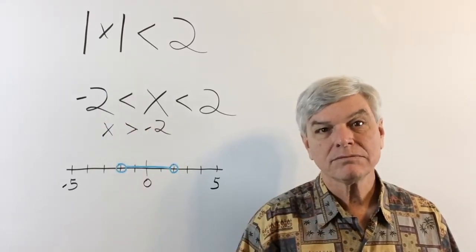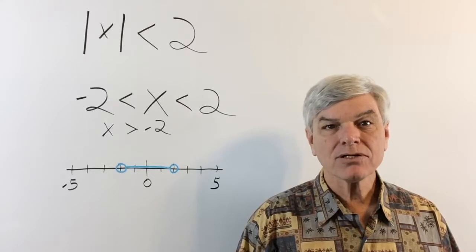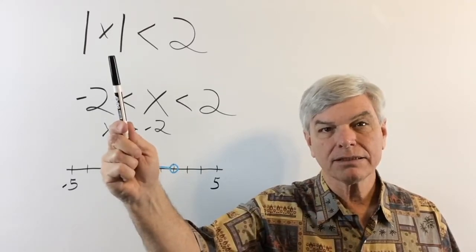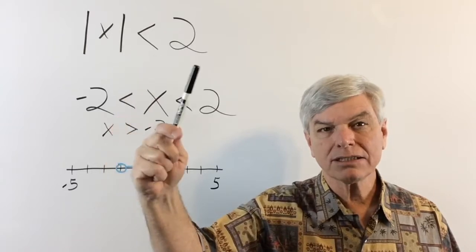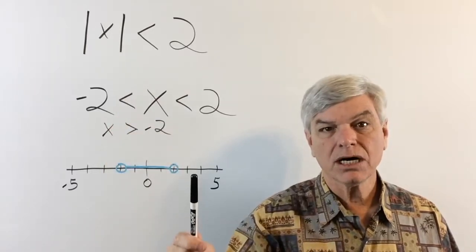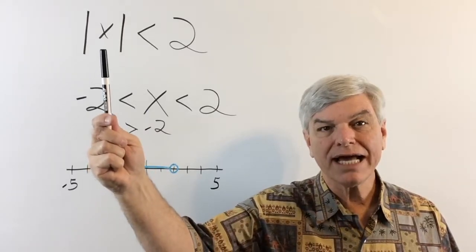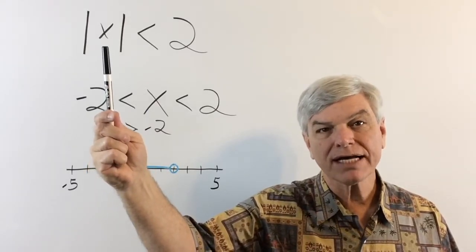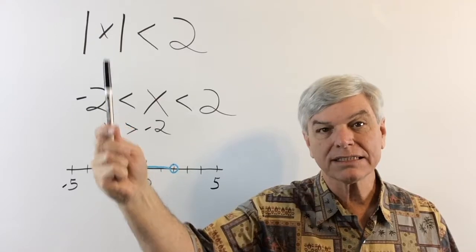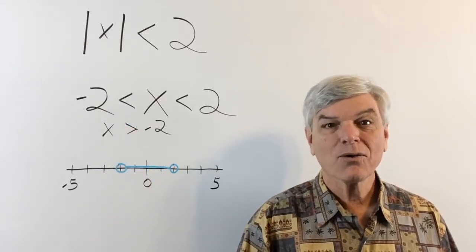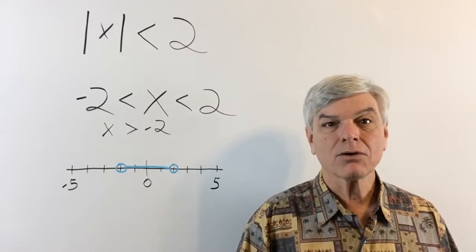Yeah. Is the absolute value of 3, let's put a 3 in there, is 3 less than 2? No. Okay, so we didn't graph that. The absolute value of negative 3 is 3. Is 3 less than 2? No. Okay, so the graph that we did is correct.